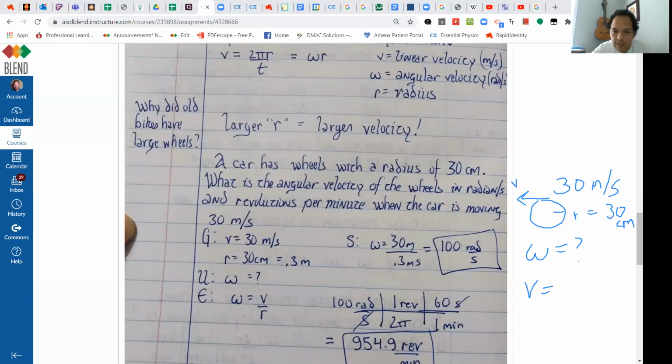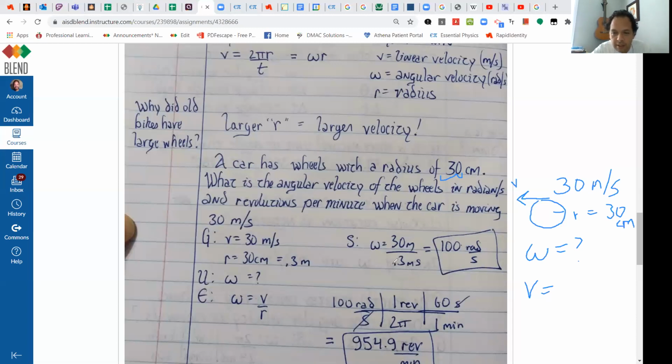That's very simple, right? 30 meters divided by, the only thing we had to change was centimeters into meters, which is you just move that decimal 1, 2, to go from centimeters to meters. So 30 divided by 0.3, you get 100 radians per second.